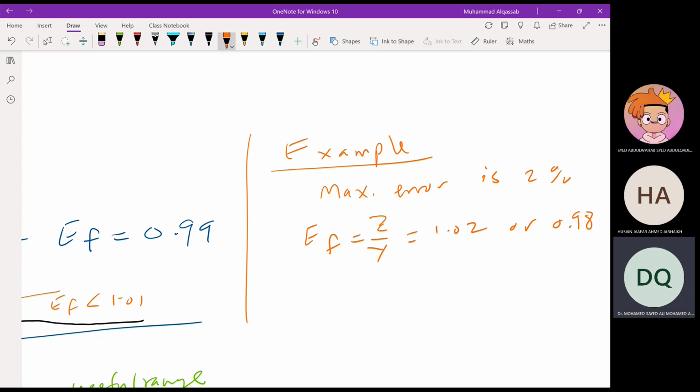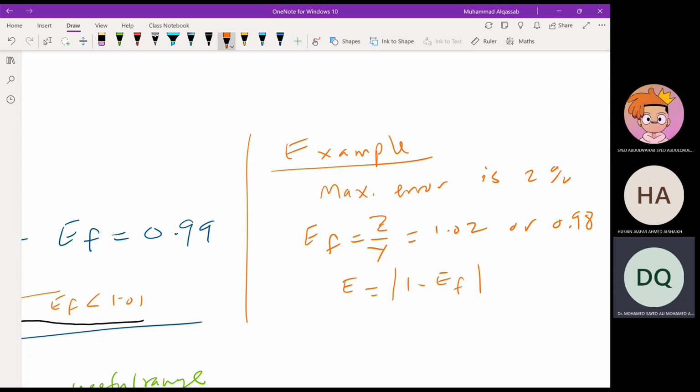You always add or subtract with the error factor, because the error is equal to 1 minus the error factor, or vice versa.